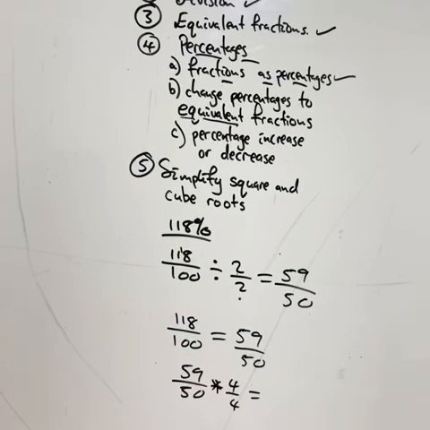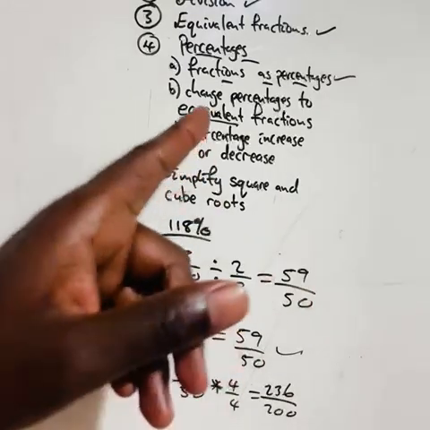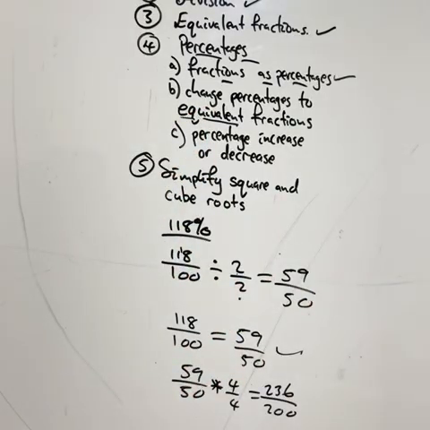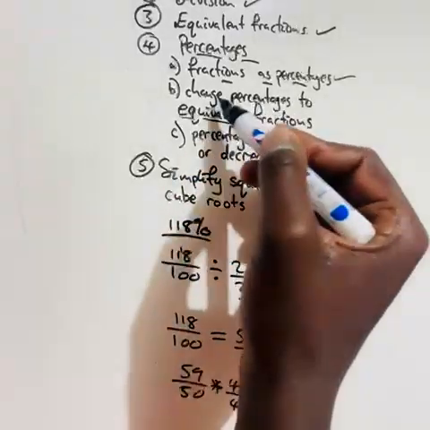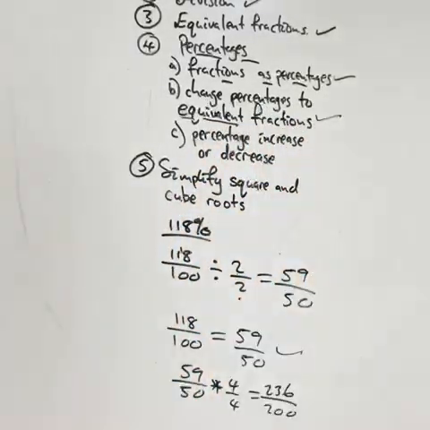No, I'm mistaken, actually it's 236. So I've got 236 over 50 times 4, that's 200. If you punch 236 over 200, definitely I know that it will give you 59 over 50. So just like that, that's how we determine equivalent fractions when you've been asked to change percentages to equivalent fractions.